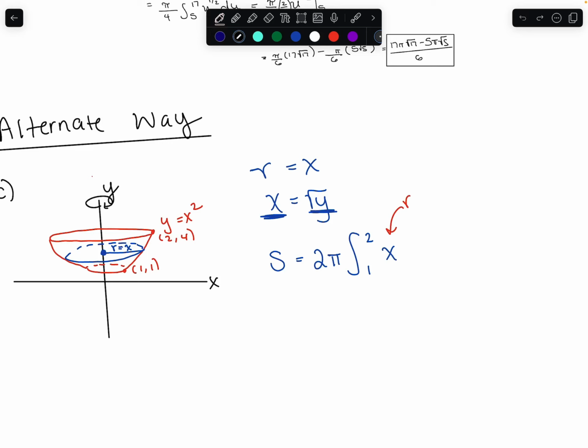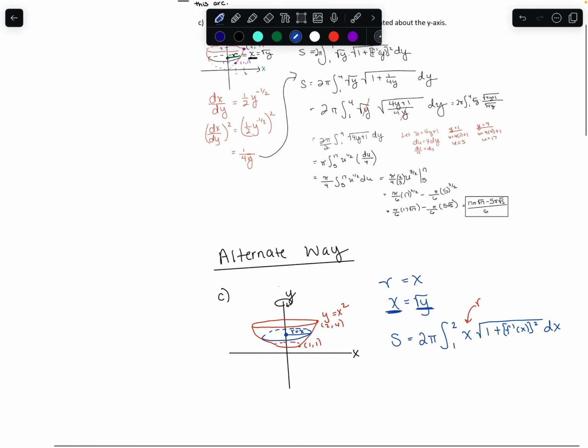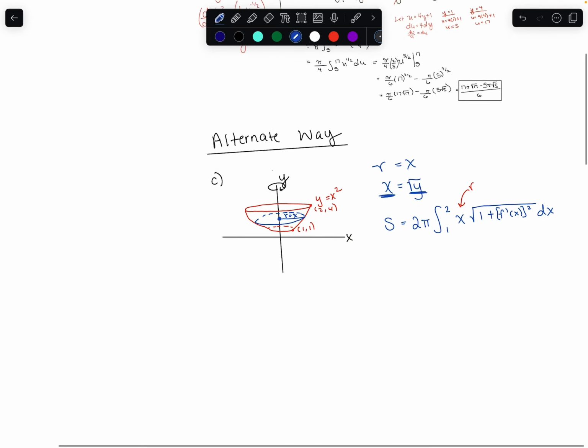And then, of course, the formula says that I multiply times the arc length, which is square root of 1 plus f prime of x quantity squared dx. Now, I haven't found my derivative yet, but my function was y equals x squared.